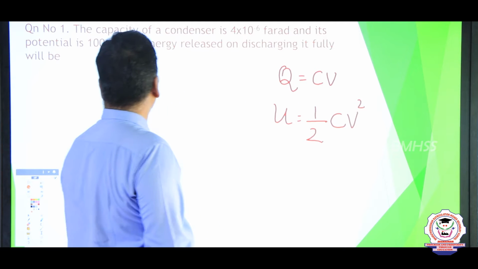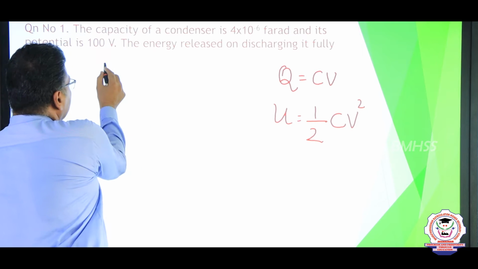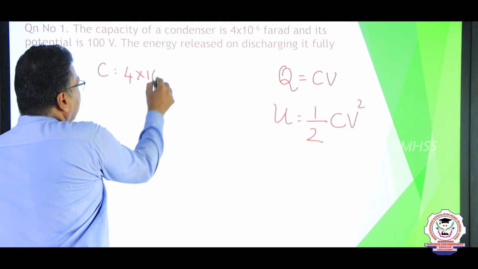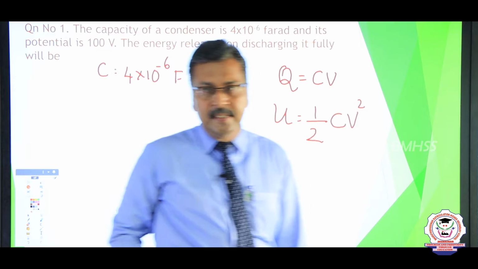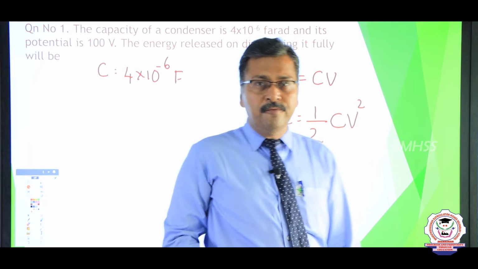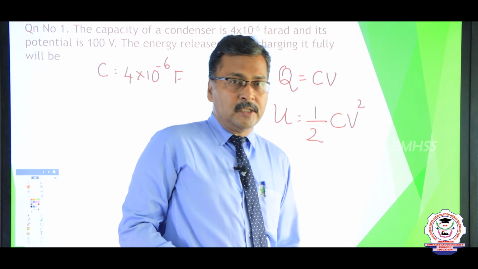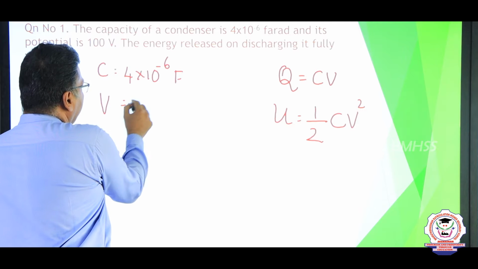In this question, the capacitance is given as C equal to 4 into 10 power minus 6 farad. It means it can store up to 4 microfarads of charge. The voltage is given as 100 volts.